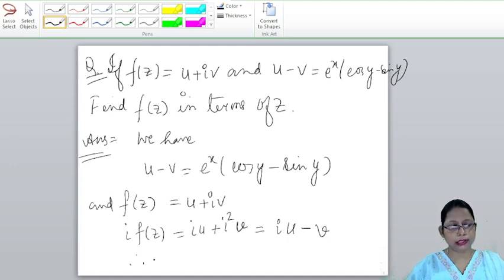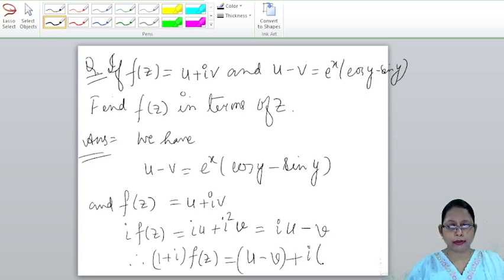If I add these two equations, then on the left hand side it is (1 plus i) f(z), and it is equal to u minus v plus i(v plus u).